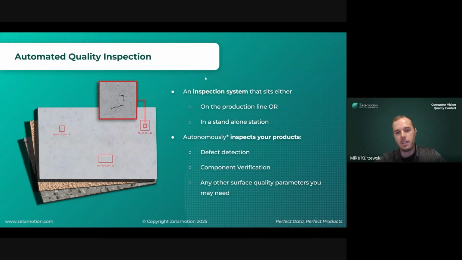And that includes defect detection, component verification, and any other surface quality parameters that you might do in your manual inspection, or in any inspection solution that you might currently have set up on your line.